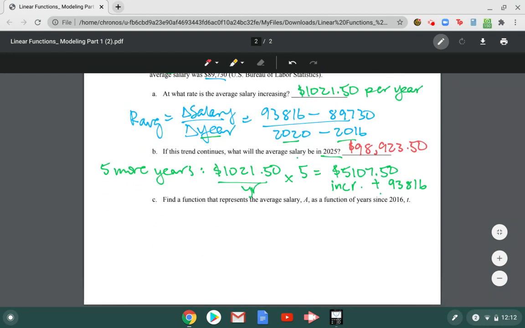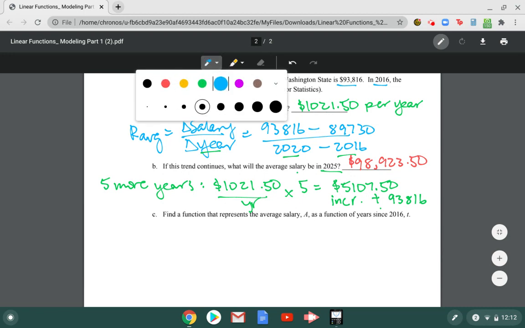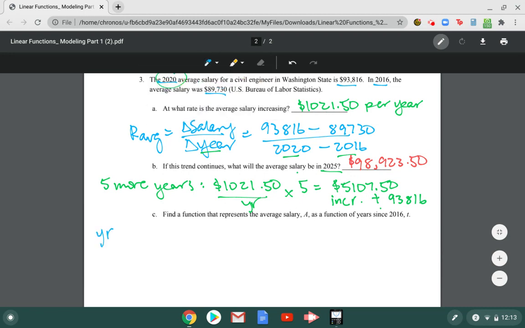And then finally, part C: find a function that represents the average salary as a function of years since 2016, T. For this one, I want to do that same adjustment that I had done in the last example. I'm going to have the year, T, and the salary. I'm going to use the 2 points that I was given initially.